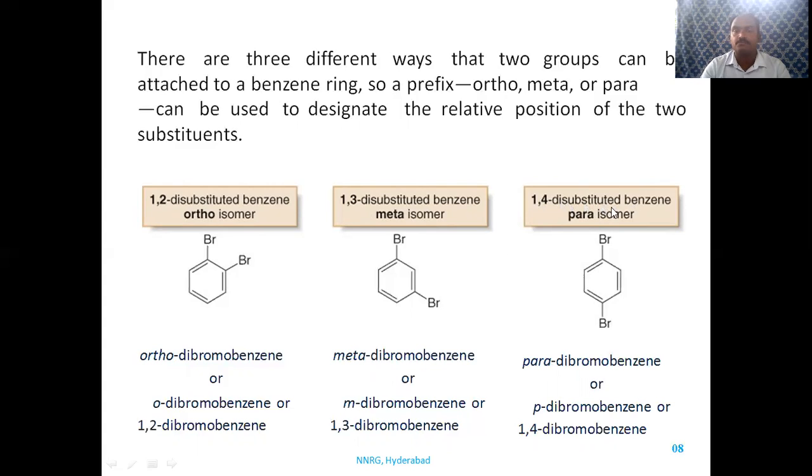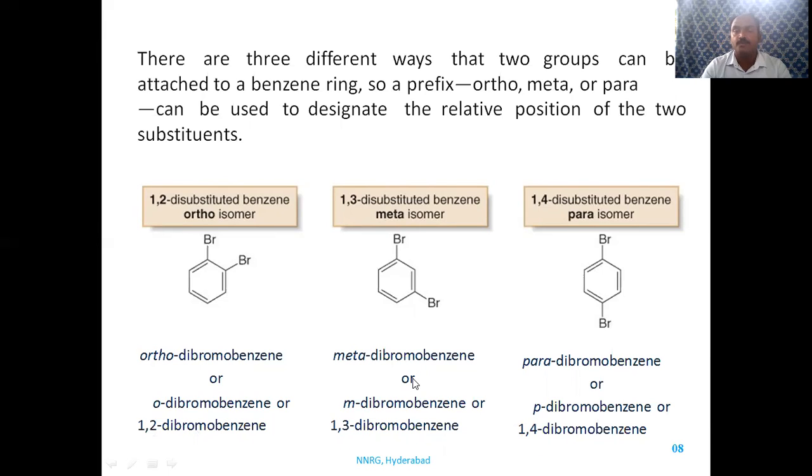All are disubstituted benzenes only, but they differ in the position of bromine. The ortho isomer has bromine at 1 and 2, the meta isomer has bromine at 1 and 3, and the para isomer has bromine at 1 and 4. That is the reason the ortho isomer is called ortho dibromobenzene, or o-dibromobenzene, or 1,2 dibromobenzene.